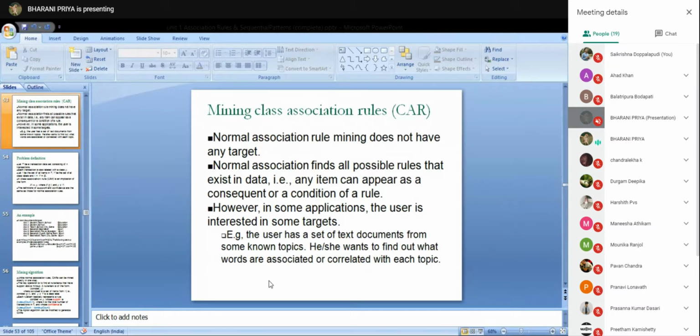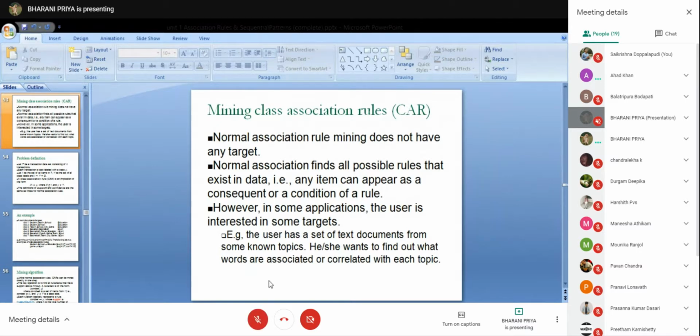For example, if I want to find all the synonymous words for data mining, my target, data mining, is fixed, and I want to find the words that are associated with data mining. So the conditions will differ, but the target is fixed. You need to mind such rules where the target is fixed. Clear?